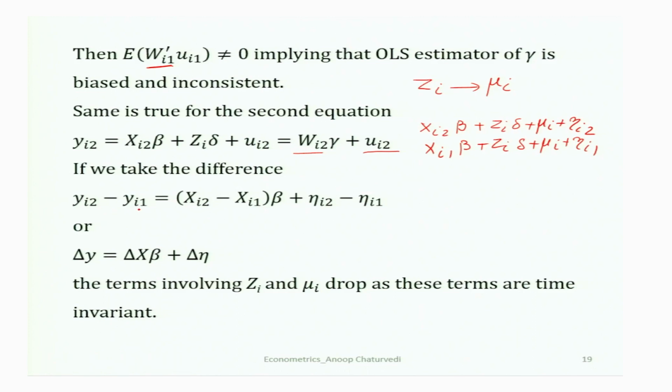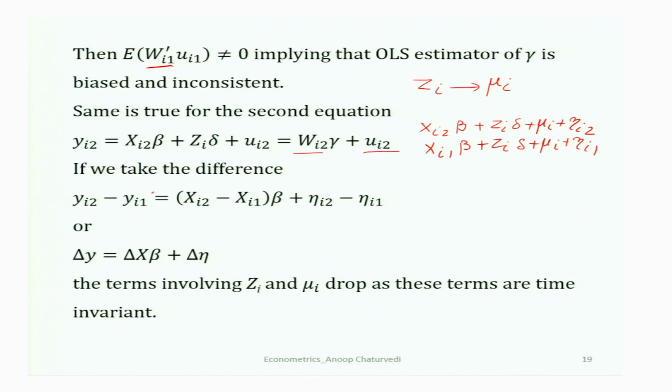So, y I 2 minus y I 1 is equal to x I 2 minus x I 1 beta, and then this term will cancel out. Further, you have mu I minus mu I, so again mu I will also cancel out, and then you have eta I 2 minus eta I 1 here, or you can write it as delta y equal to delta x beta plus delta eta.